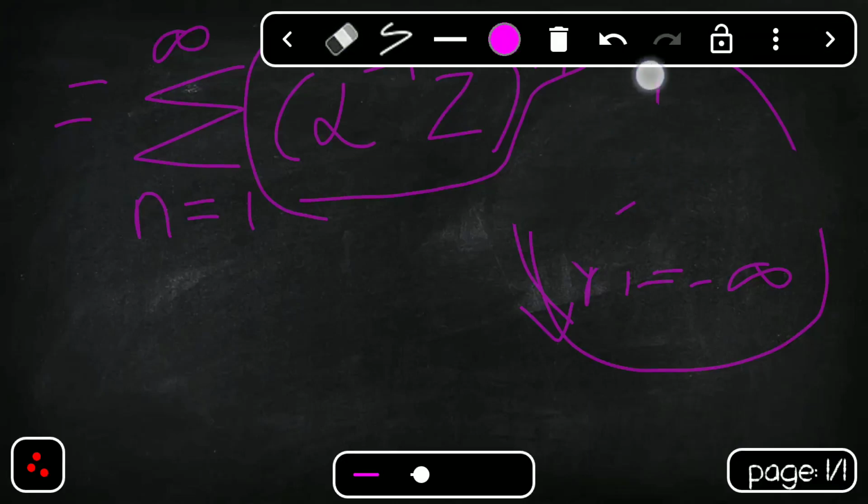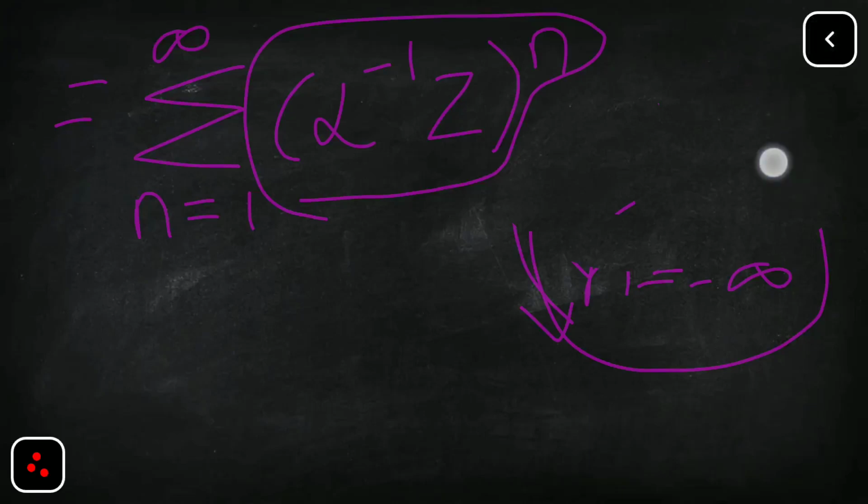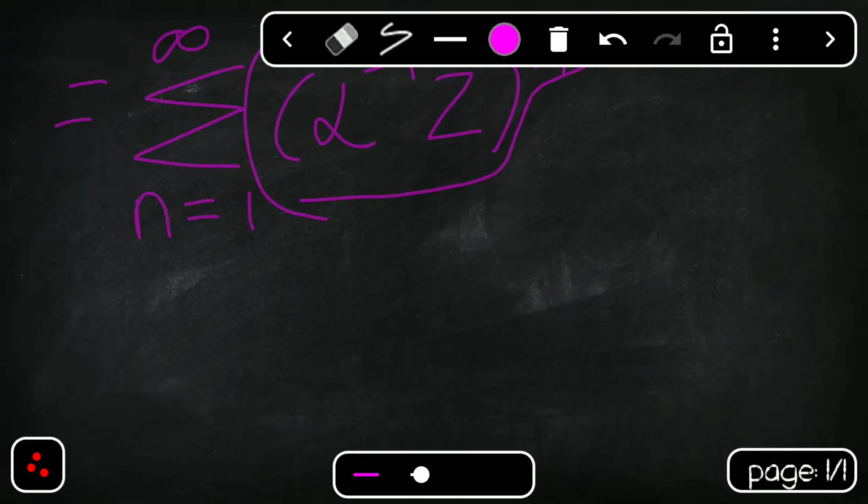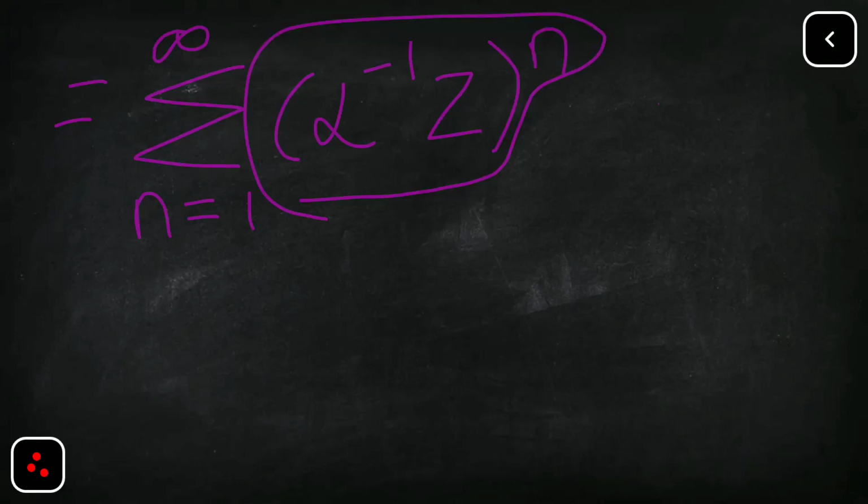Now what you have to do is, I have another formula now, right? Here we used the formula, the summation of n is equal to 0 to infinity of alpha to the power of n. But you don't need to use that here.